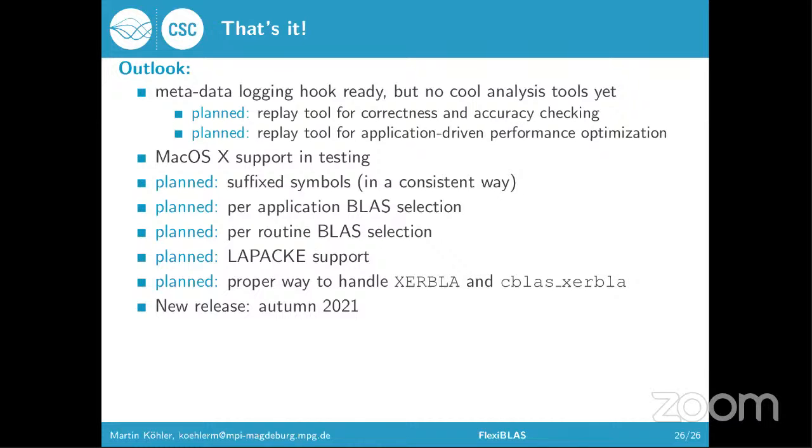Then we are planning to do suffix symbols. So that means to add, for example, a 64 for the 64-bit integer BLAS implementation. The Julia guys are doing this, but in a non-consistent way. For example, they add _64 for all routines on a symbol level, but not on programming language level.